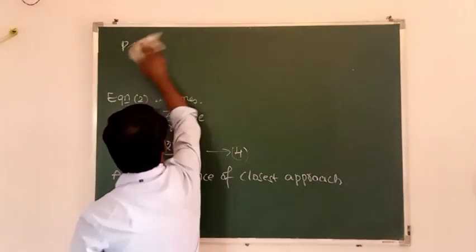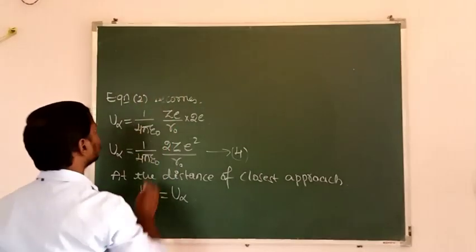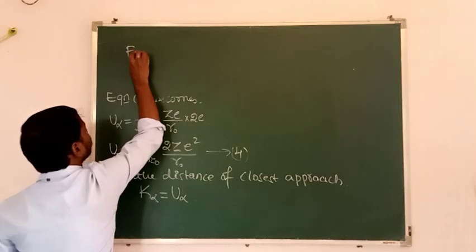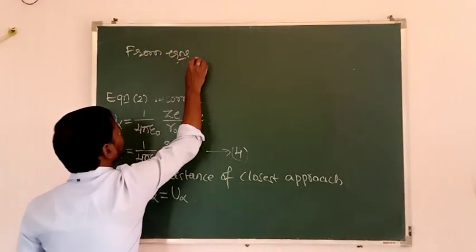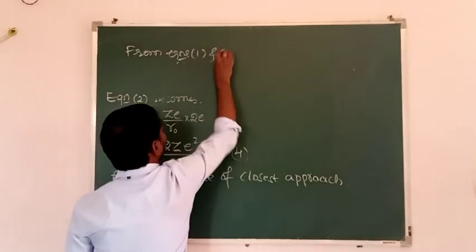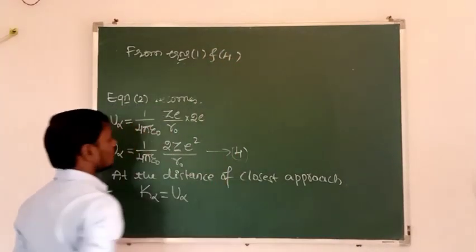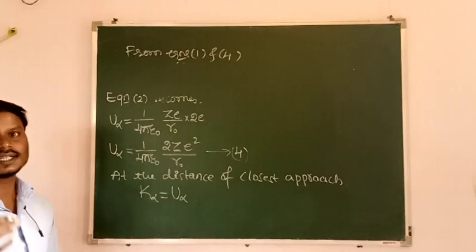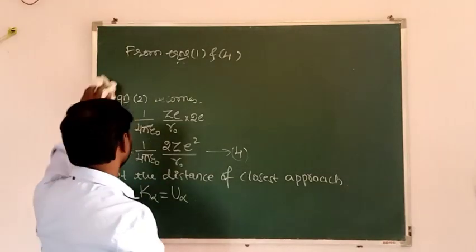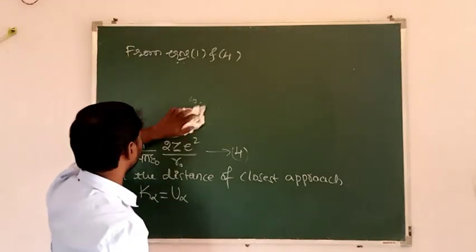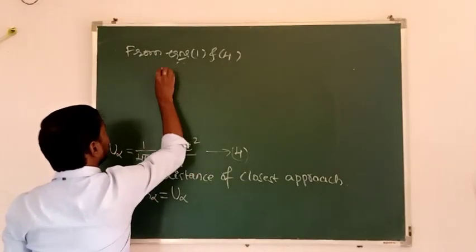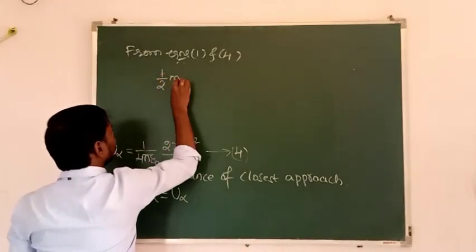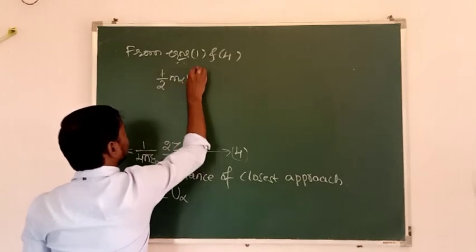From equations 1 and 4. Equation 1 gives the kinetic energy of the alpha particle, that is 1 by 2 m alpha into v alpha square.